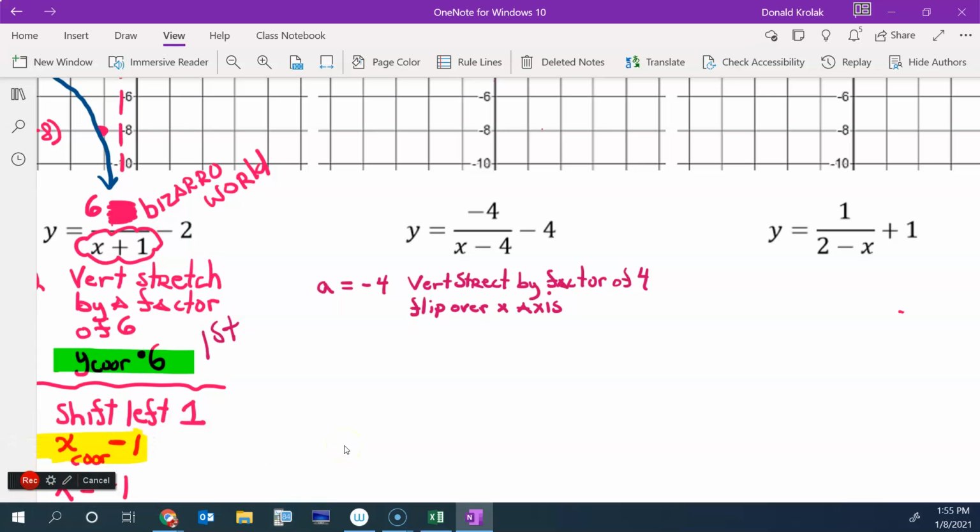The way that I get this done is I take my y coordinates and I multiply them by negative. That's what we're going to do to make this happen.